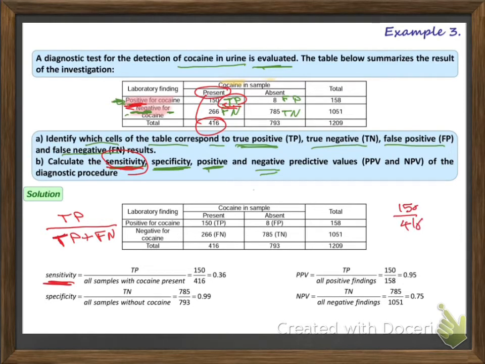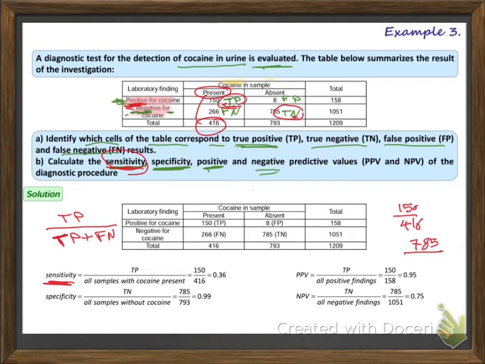So if we are talking about specificity, it will be the true negative. What is the true negative? This is the true negative, 785, divided by what? Divided by the absence, because true negative is the intersection of negative and the absence.